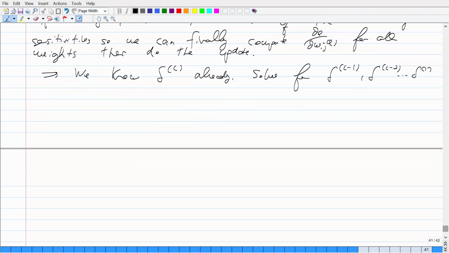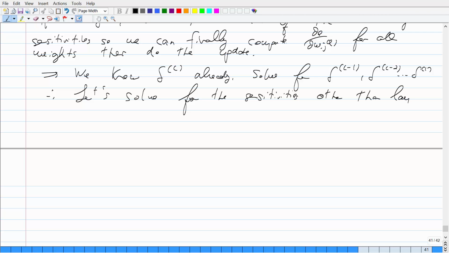So, therefore, let's solve for sensitivities other than layer L. Let's take a look at the previous layer for now.